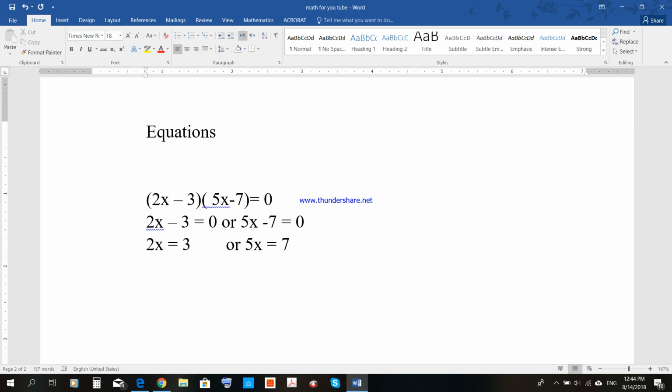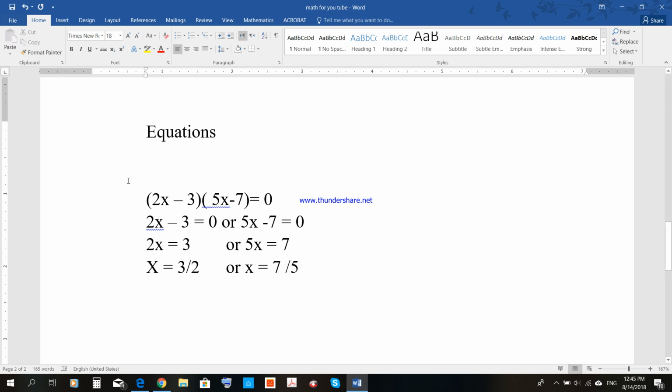Now 2x equal 3, so x equal 3 divided by 2. Or 5x equal 7, or x equal 7 divided by 5.